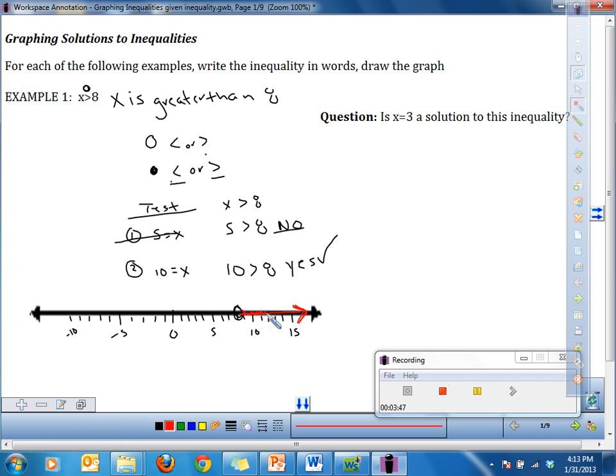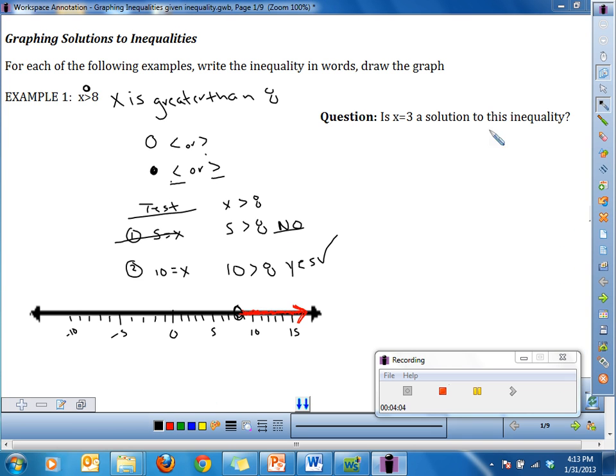On your graph, it's good to shade in a little bit darker and make the line a little bit thicker so that you can really see that it's everything to the right of your dot. Now the second question asks us, is x equals 3 a solution? Let's see if x equals 3 works. My original inequality was x is greater than 8, and for this to be a solution, it has to be true.